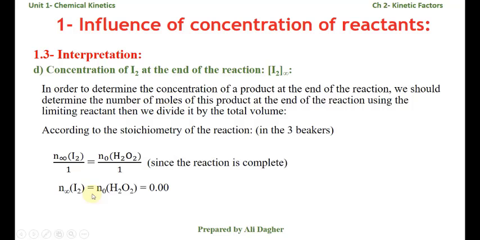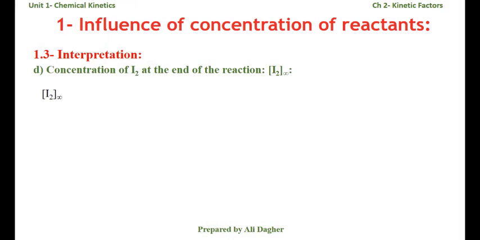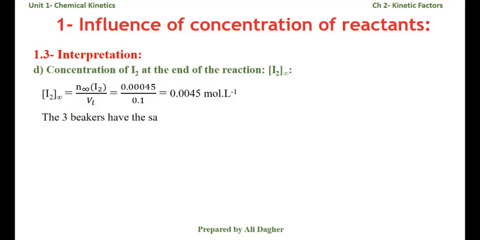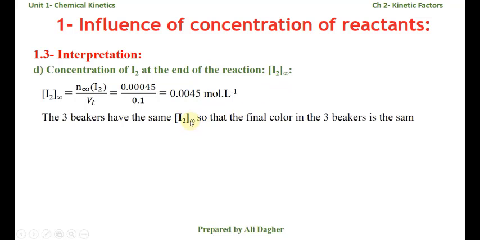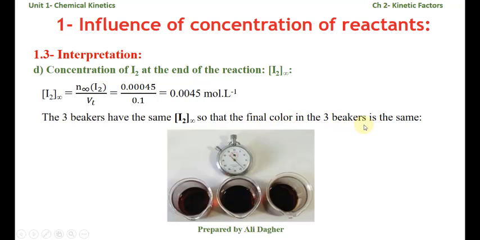Then the number of moles of I2 at infinity equals 0.00045 mole, divided by the total volume. We obtain the concentration of I2 at the end of the reaction, at infinity, equals 0.0045 mole per liter. The three beakers have the same concentration of I2 at infinity, so the final color in the three beakers is the same.